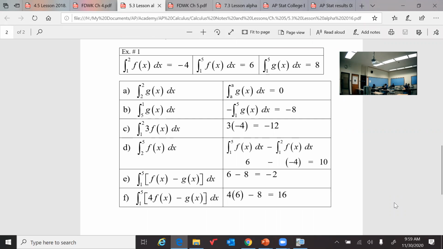That'd be a 0. B, you're going from 5 to 1 for G, which is the opposite of going from 1 to 5. Number 3 is a size change from 1 to 2 of F. 3 times a negative 4 is a negative 12.